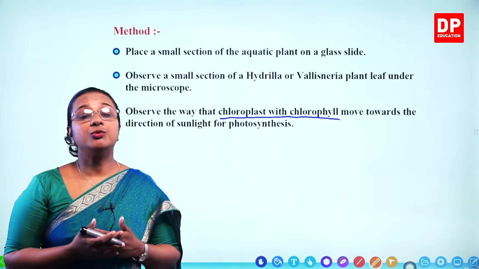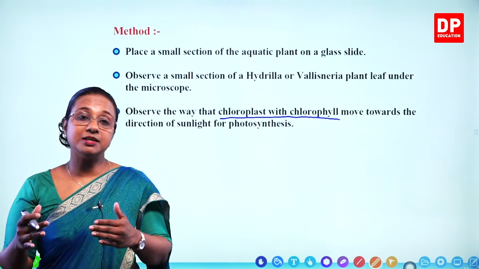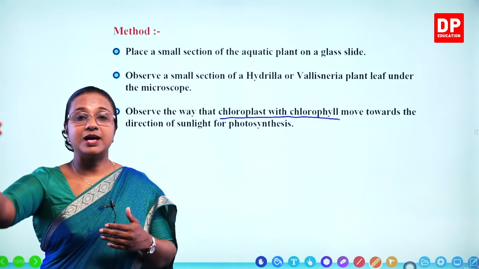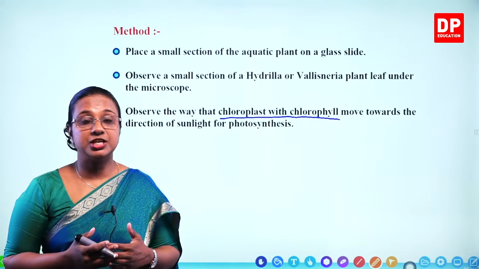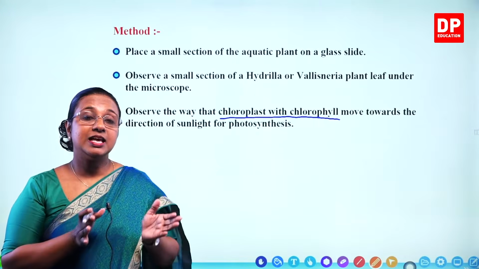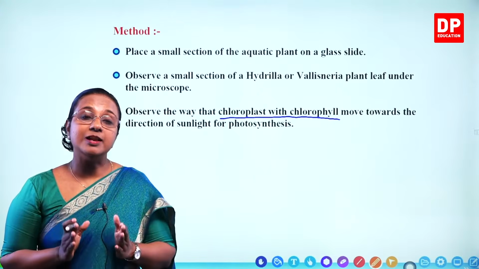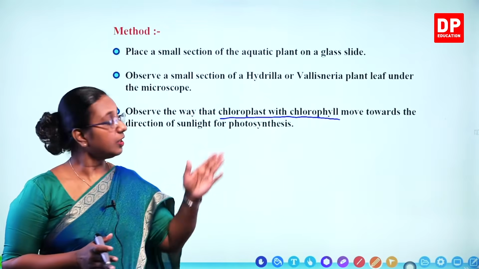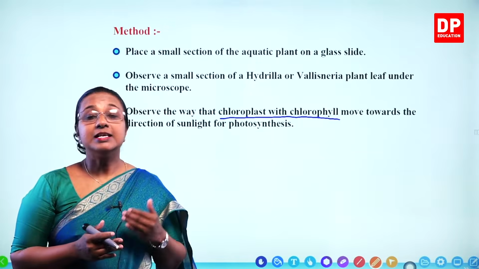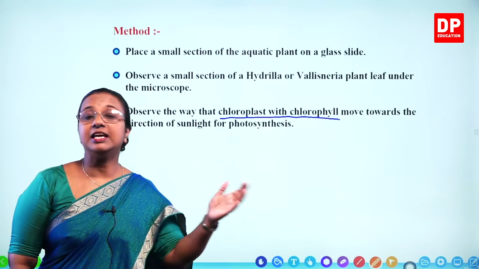If you move on to a higher power, and if you place the microscope in a place where there is sunlight falling from a certain direction, then you can see that the chlorophyll containing chloroplast will move towards the direction of the sunlight. So this is a very simple activity. Now let us do this activity in the lab.